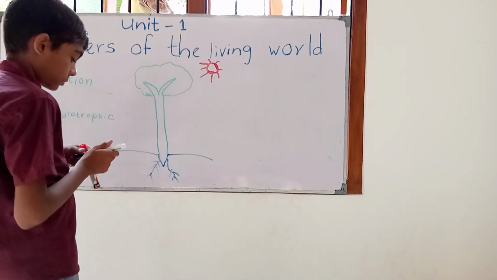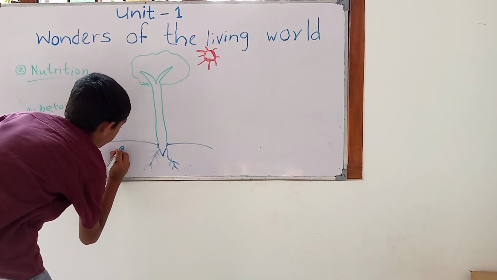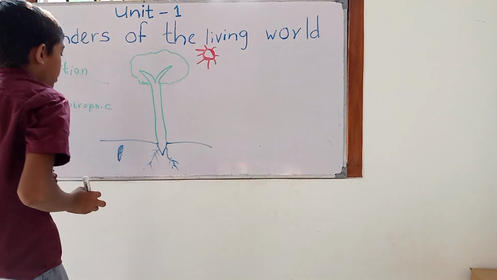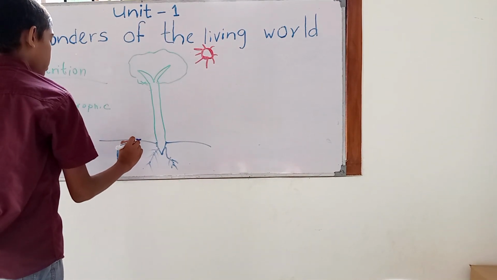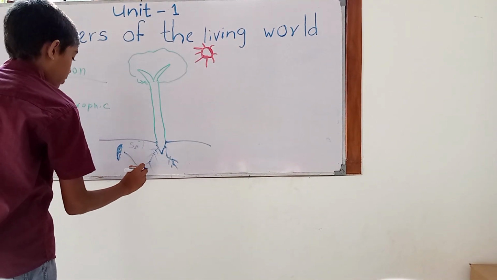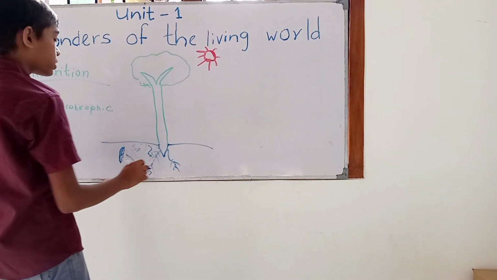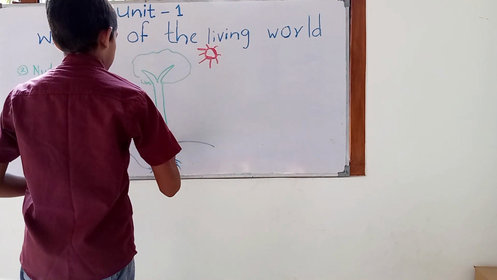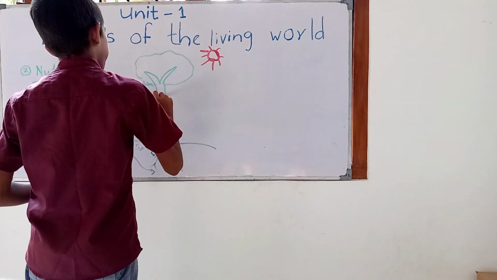So, now there are water particles in the ground, and this is the soil. Now these roots absorb the soil and water and push it up the trunk of the tree.